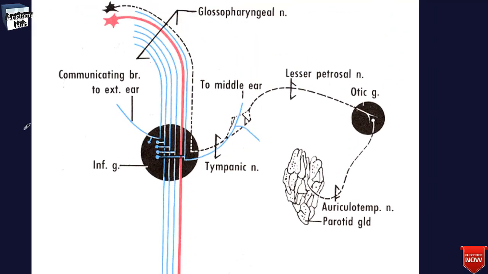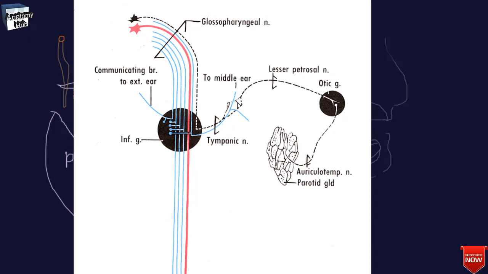remember is that this glossopharyngeal nerve provides the parasympathetic innervation to the parotid gland, and these fibers originate in the inferior salivatory nucleus that I already have shown you of the cranial nerve ninth, and these fibers travel with the tympanic nerve to the middle ear.